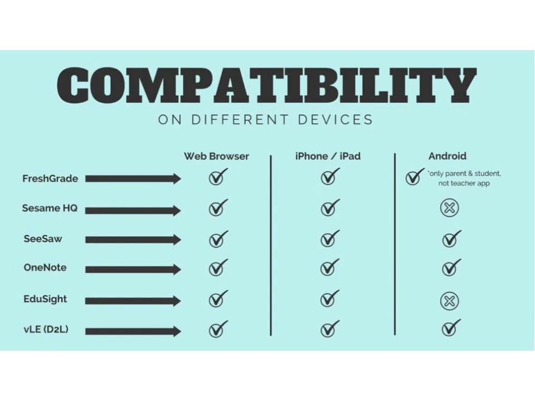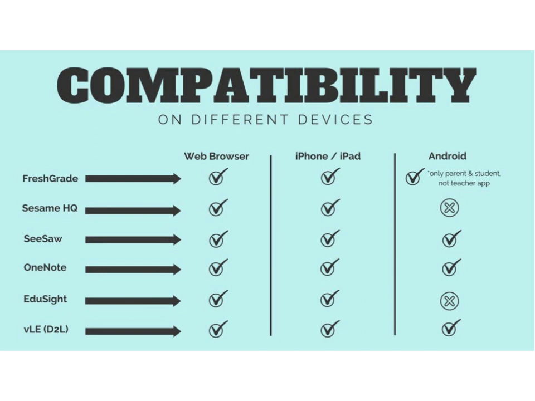And these are the devices that they work well on. So FreshGrade, you can access as a teacher from the web browser, and then from the iPad app, which is actually almost a little bit better than the web browser version sometimes, although it has been updating and changing recently.